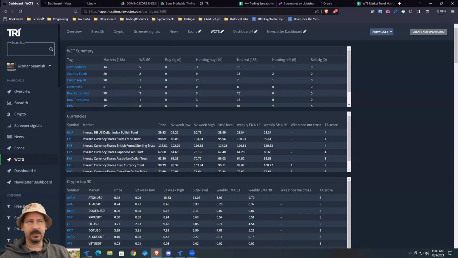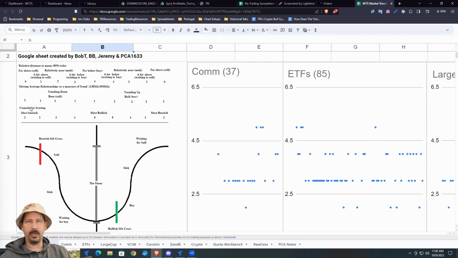The next component is what's the weekly 13 EMA and what's the weekly 30 SMA, and its relationship gets a score. If the market is below, then it gets a negative reading. If the market is above, it gets a positive reading. And you can just see it's just twos and ones. You add it all together and it gives you this oscillation between 0 and 6.